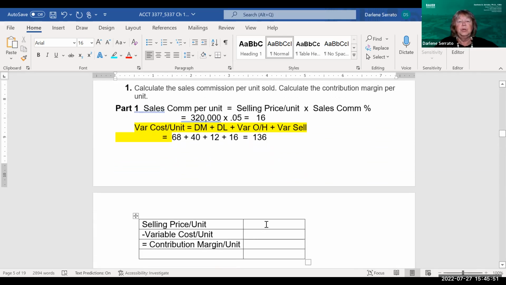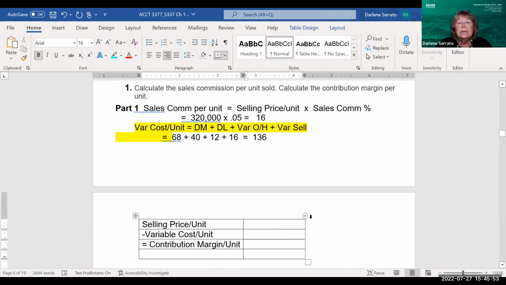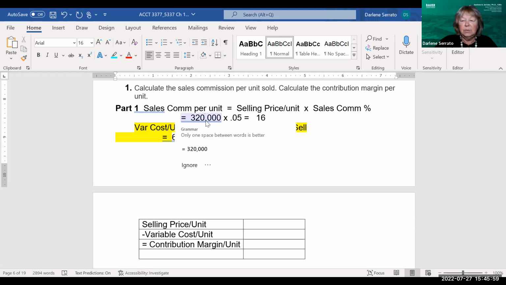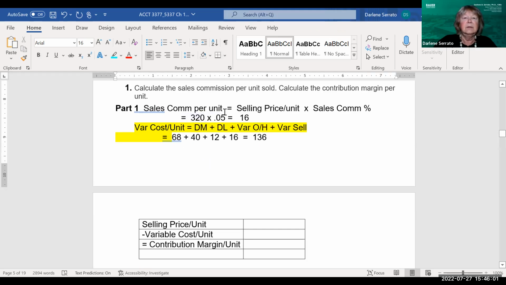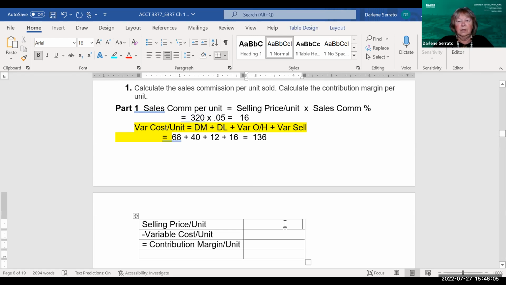So contribution margin per unit, selling price, $320. It should be dollars there, not thousands. 320 minus 136 gives you 184.